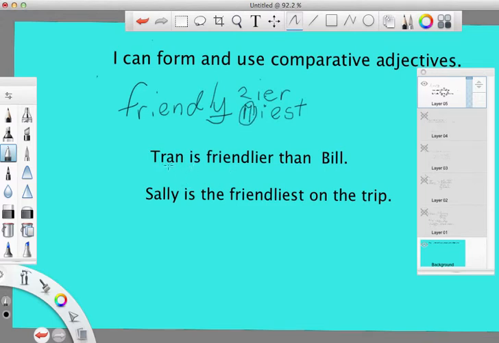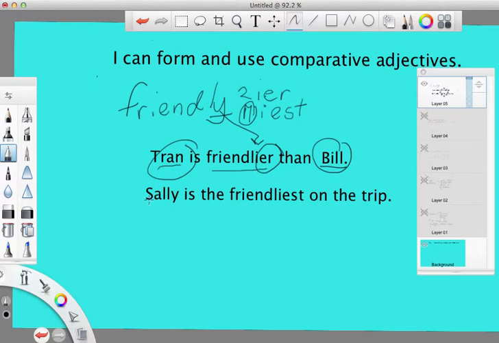So Tran is friendlier than Bill. Why does it have an ier on the end of it? Well, because it is two people. And friendly had a y, so the y became an i.